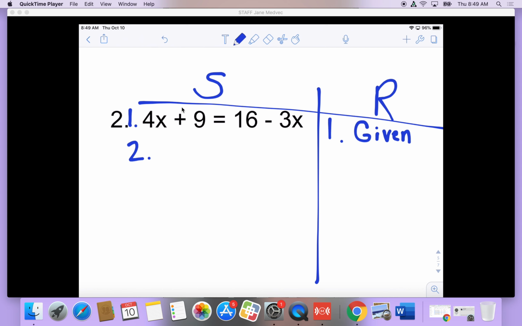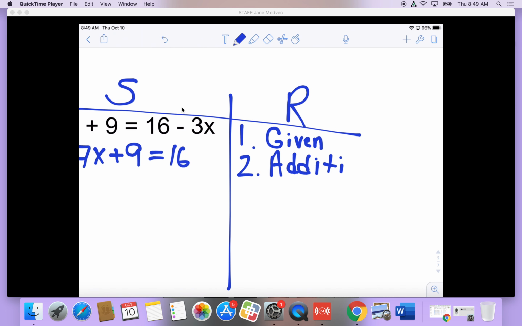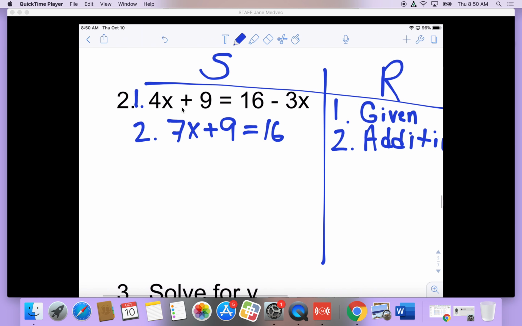So you mentioned add 3x. So I get 7x plus 9 equals 16, and it's add or addition. Do only one thing at a time. Don't add and subtract and write addition and subtraction on the same line. It's one step at a time with the proof. So then number 3, I'm going to subtract my 9.